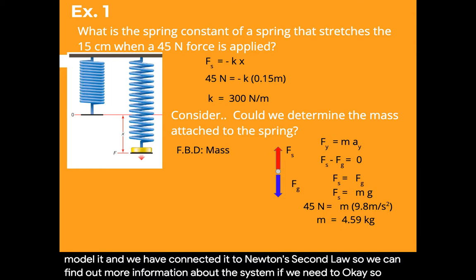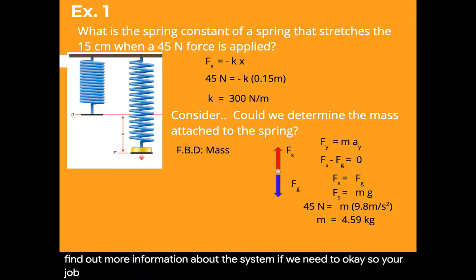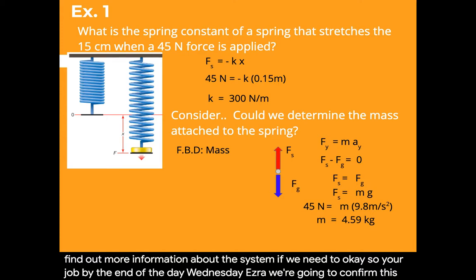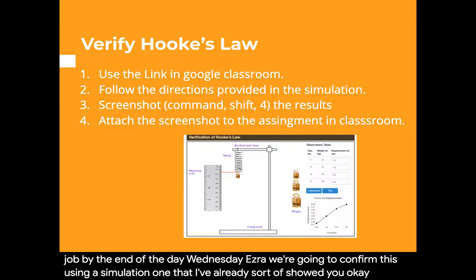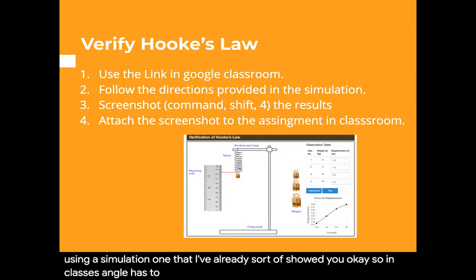Okay, so your job by the end of the day Wednesday is we're going to confirm this using a simulation, one that I've already sort of showed you. Okay, so in Google Classroom, you're going to use the link that's called the verification of Hooke's law.